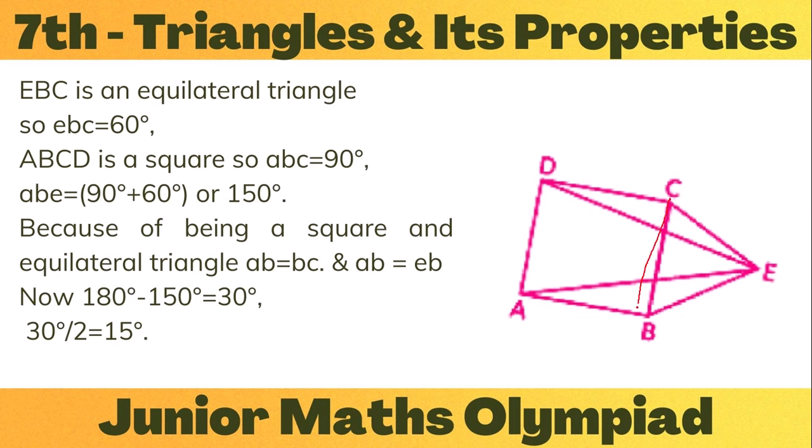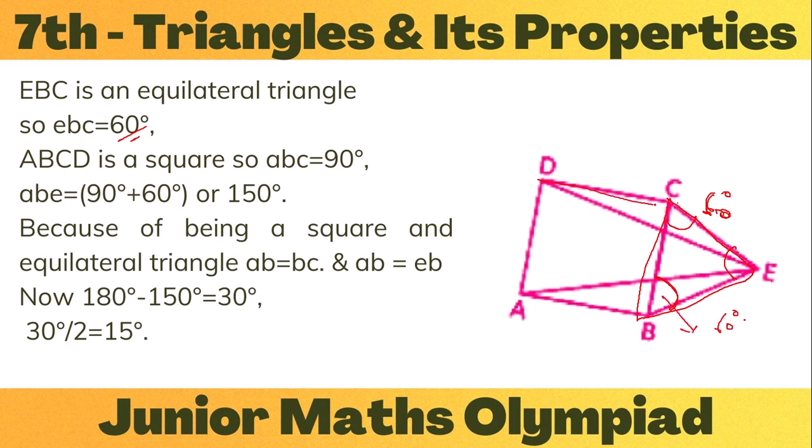Here, EBC is an equilateral triangle, children, which means all sides are equal and all angles are equal. These 3 angles are each equal to 60 degrees. We will get that conclusion. So angle EBC will become 60 degrees.